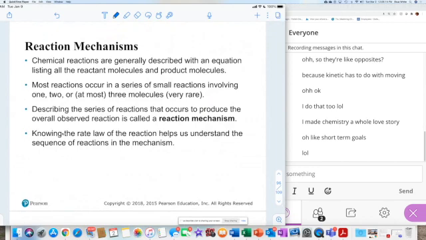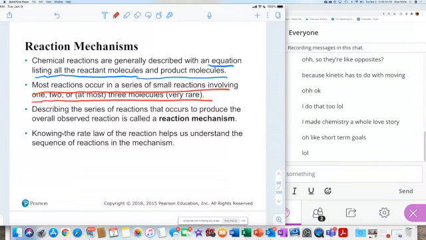So the chemical reactions are generally described with an equation listing all the reactant molecules and the product molecules. But we're being told there's more to the story than what we see. Most reactions occur in series of small reactions involving one, two, or at most three molecules colliding with each other.